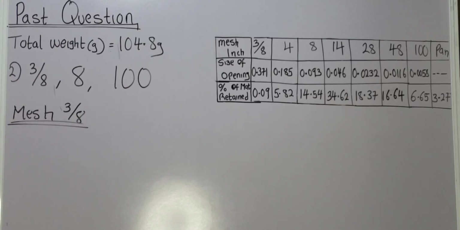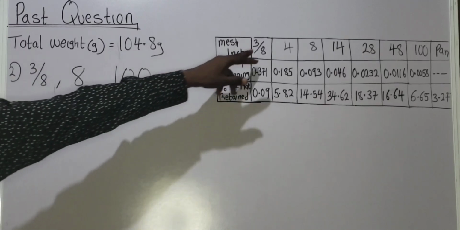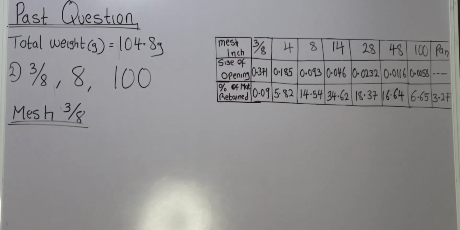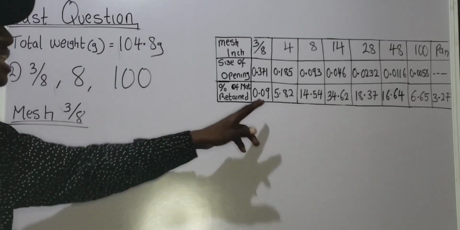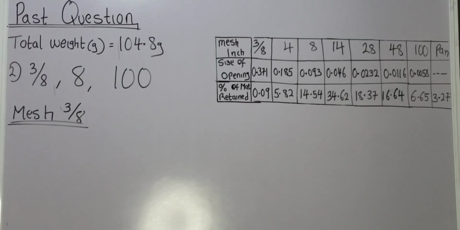Now, to get the percent of material that pass through mesh 3/8, out of the 100% of the materials that was poured on mesh 3/8, mesh 3/8 is only able to retain 0.09% of the materials. Please pay attention to the explanation. It's very, very important in order to understand this.